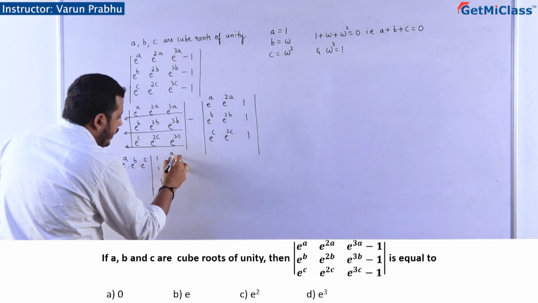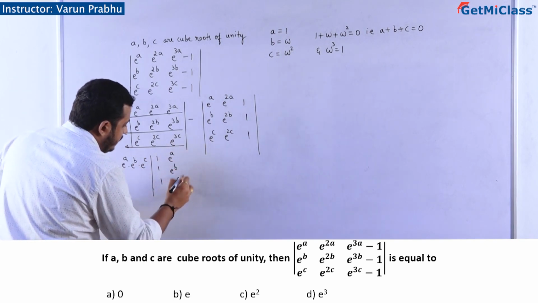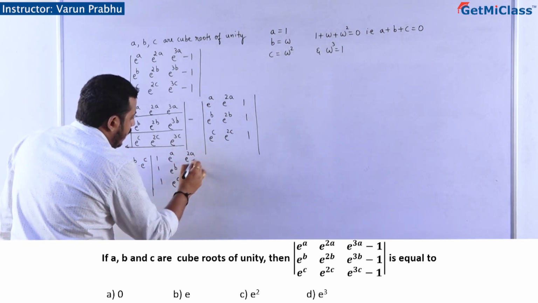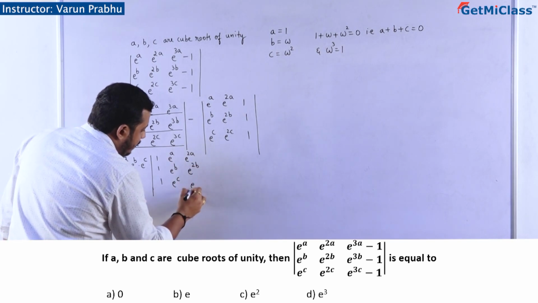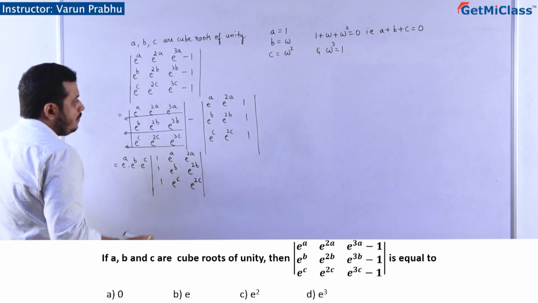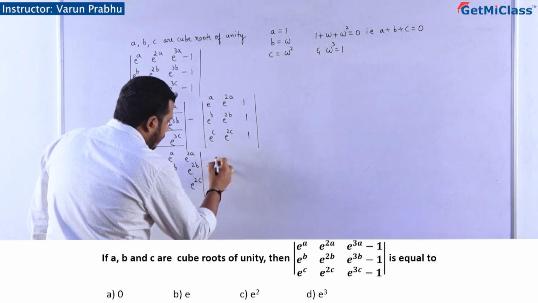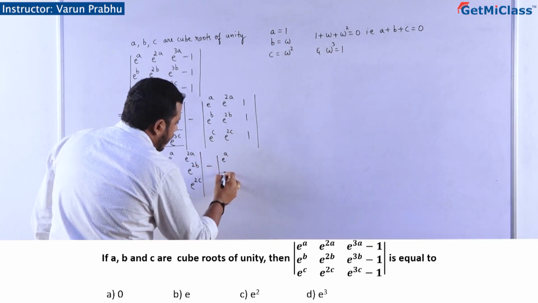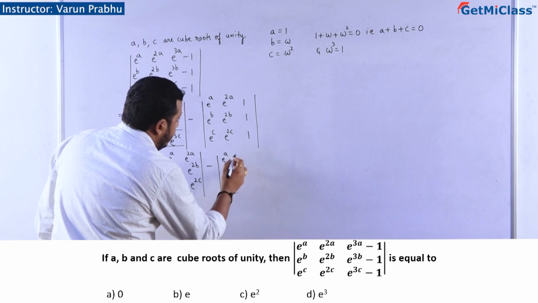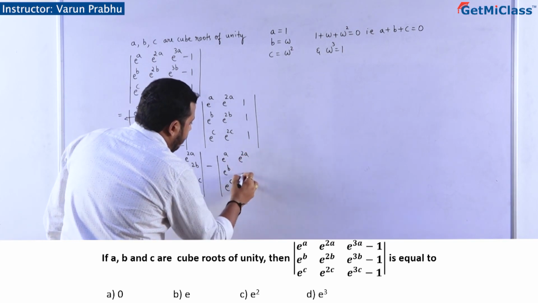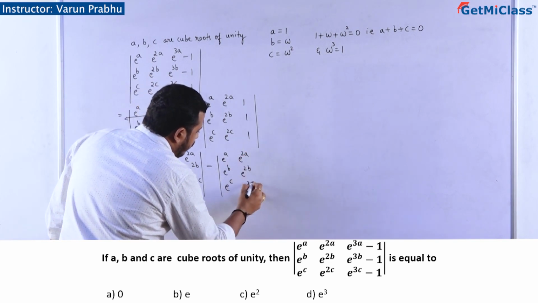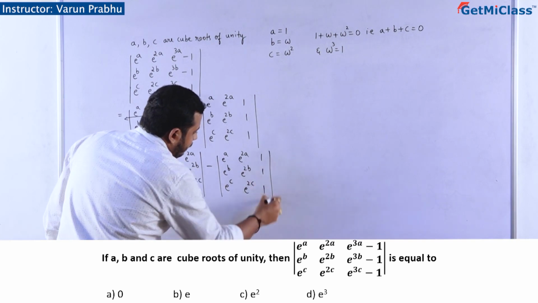Here we are left with e power A, e power B, e power C, and then e power 2A, e power 2B and e power 2C, minus of e power A, e power B, e power C, e power 2A, e power 2B and e power 2C, and then 1, 1, 1.